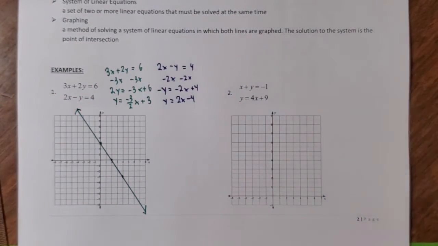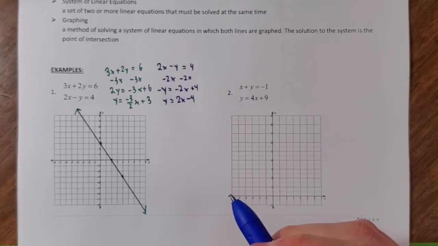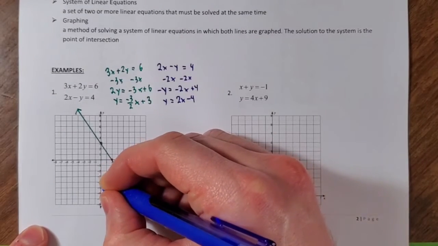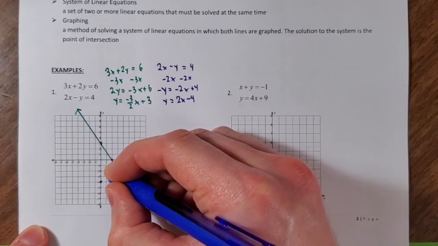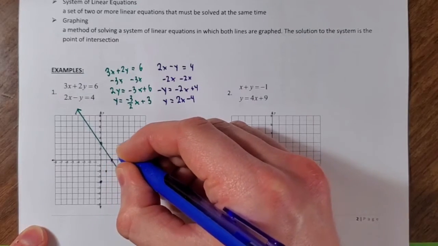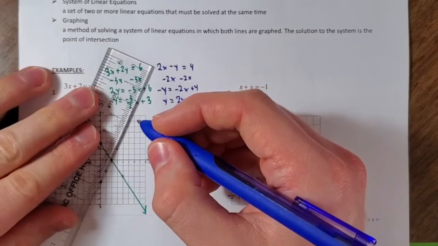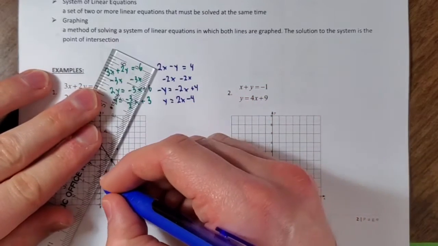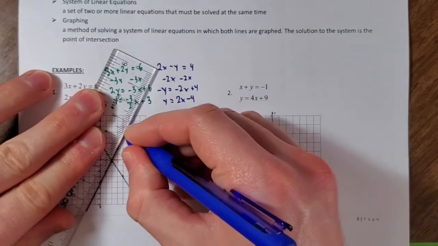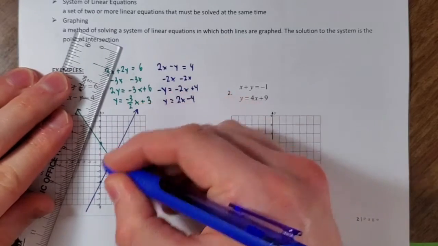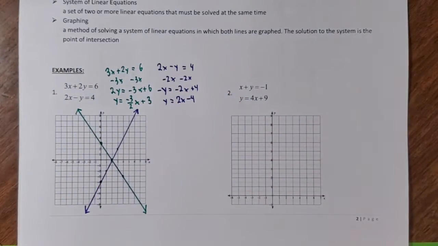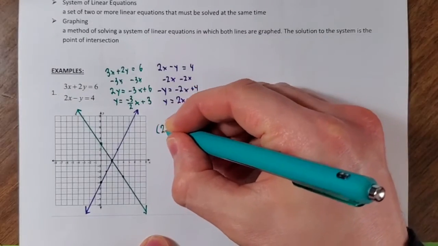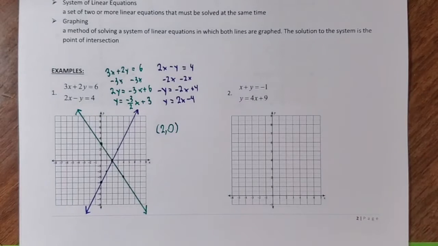And for my second equation, I've got a y-intercept of negative 4 and a slope of positive 2. Which we can see where they intersect right here is going to be 2, 0, which is our solution to this system. Now let's go ahead and try out our second example here.